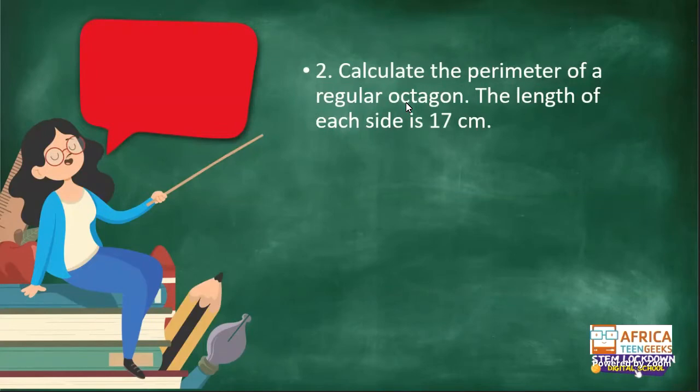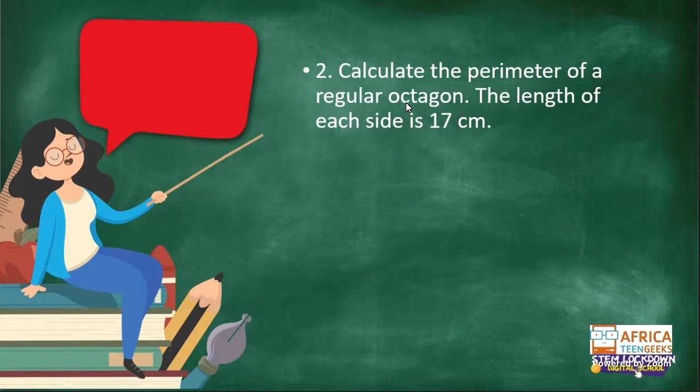The answer will be 136. Yes, sir. How do you find 136? Since an octagon has 8 sides, I had to add 17 8 times.